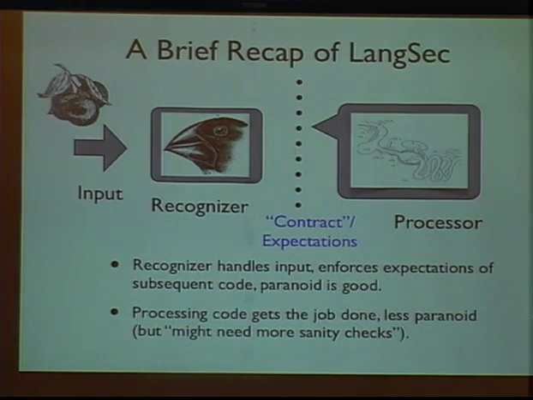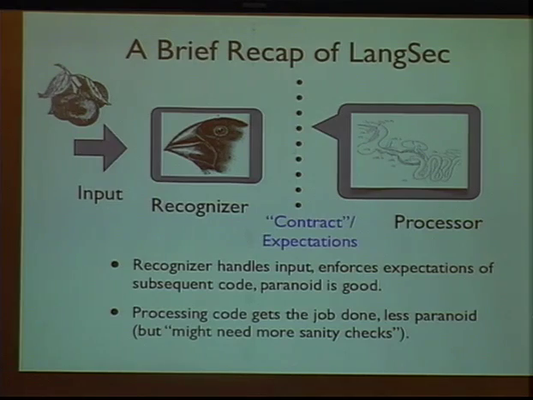So, just to recap everything that Sergey and I have been talking about for roughly the last 2 years now, we strongly advocate full recognition of input before processing. This sounds simple, it's easy to fall off the wagon, but basically speaking, you have a recognizer which handles your input as a language. If that input language is context-free, such as JSON or YAML, then it is parsed with the proper context-free grammar for that language.